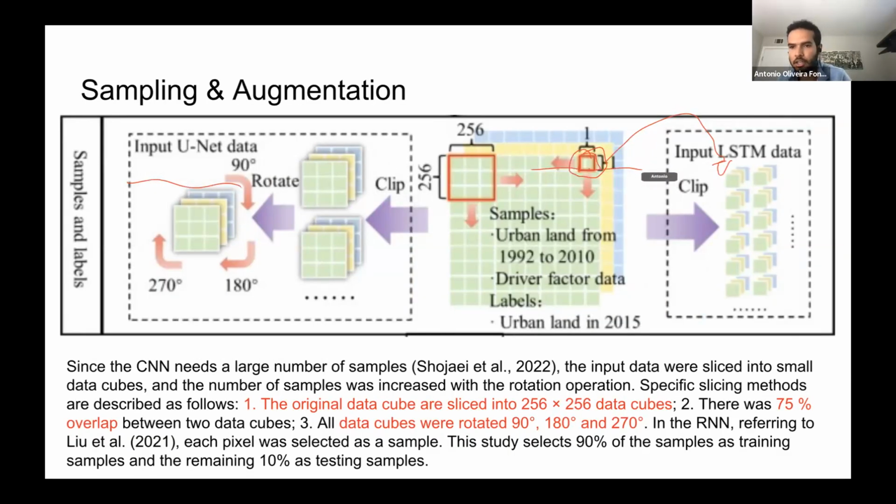So essentially what you're doing for the LSTM is providing this information at the pixel level and evaluating how that pixel is changing over time, okay? Now we have what looks like a time series of how urban expansion is changing, and not just the urban areas, but also the driver factors. So we essentially have several time series. We are going to describe what each one of these methods does in the next slides. Any questions with respect to what's being done at the data level before we get to the model?